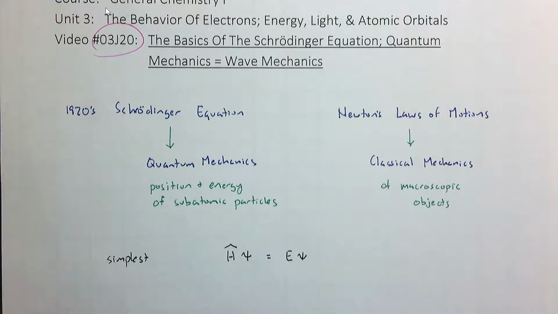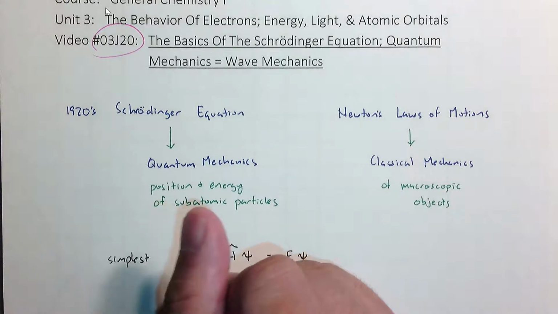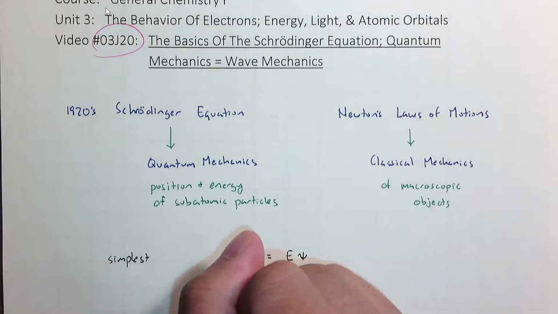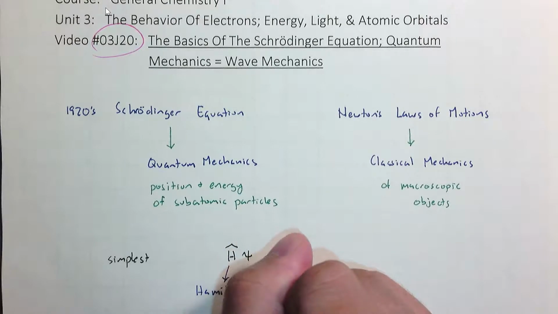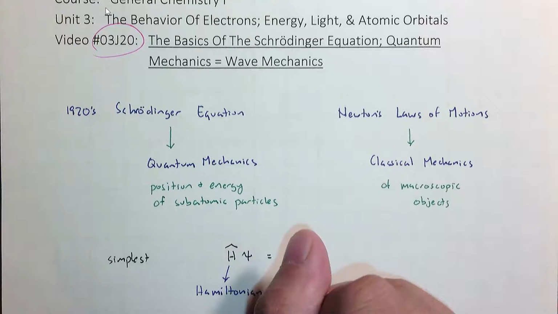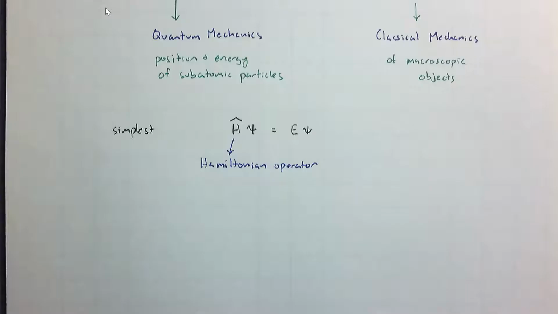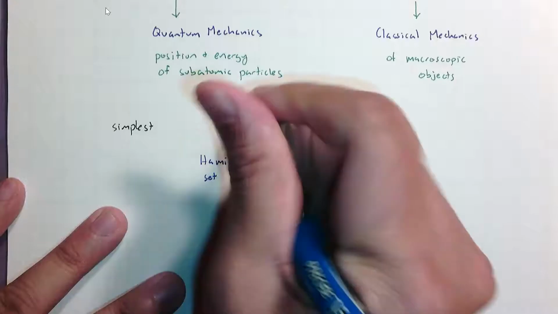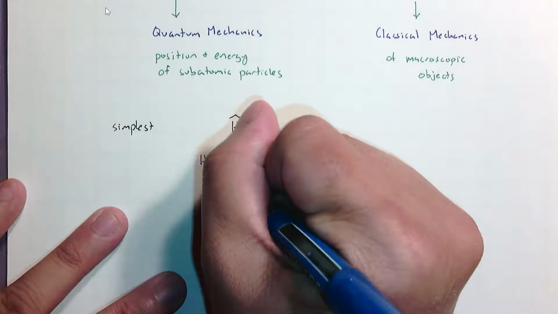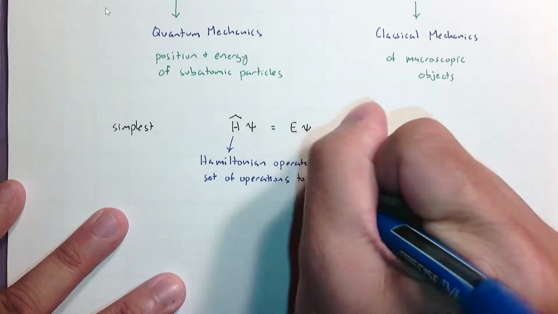What H is, it's called a Hamiltonian operator. And what is a Hamiltonian operator? It's a large set of mathematical operations to be applied to a specific psi.